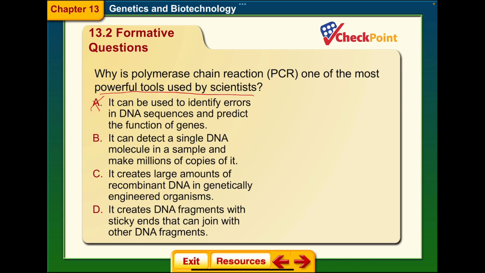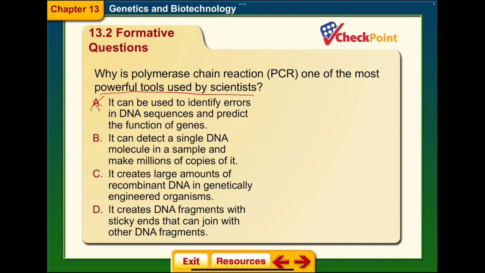PCR can be used to make millions of copies of a specific region of a DNA fragment, right? PCR is extremely sensitive, and it can detect a single DNA molecule in a sample and make millions of copies of it. So we're not identifying any errors, and we're not predicting the functions of genes.